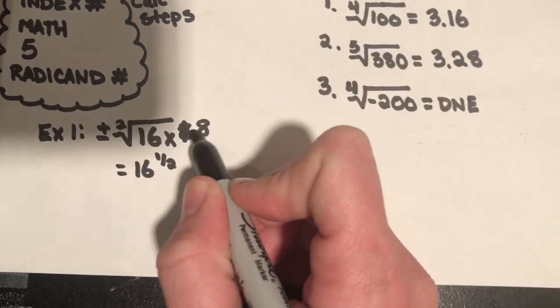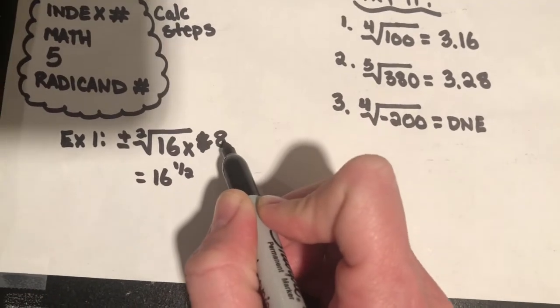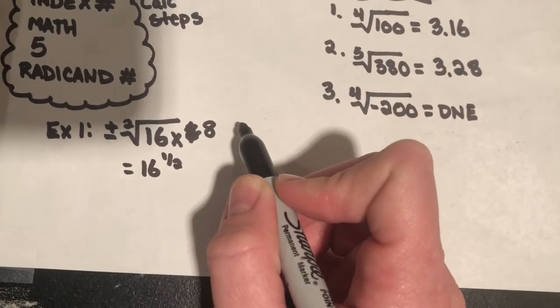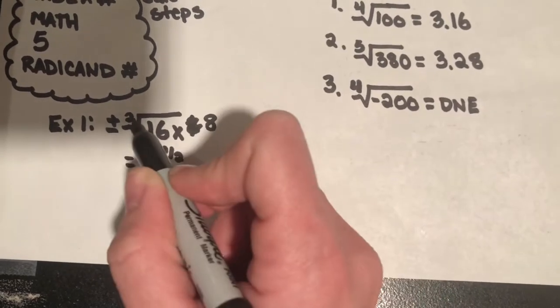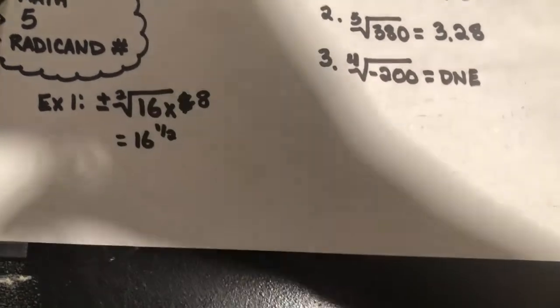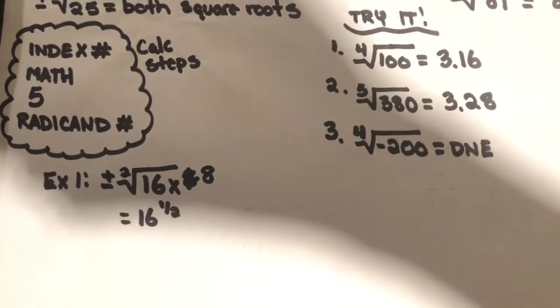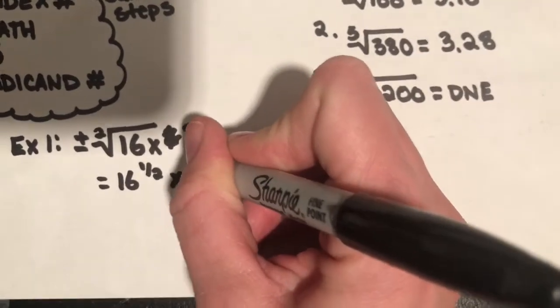And then you're going to take this exponent right here, 8. And if you put it to the 1/2, really, that's going to be 8 divided by 2. Now, 8 divided by 2 is 4. So we have x to the 4th.